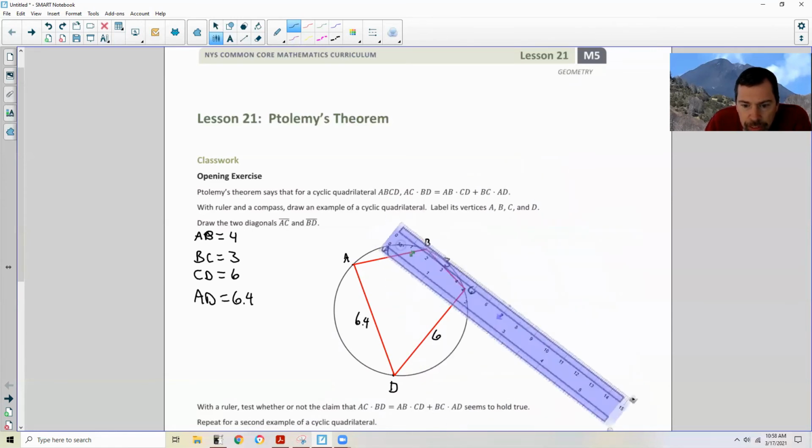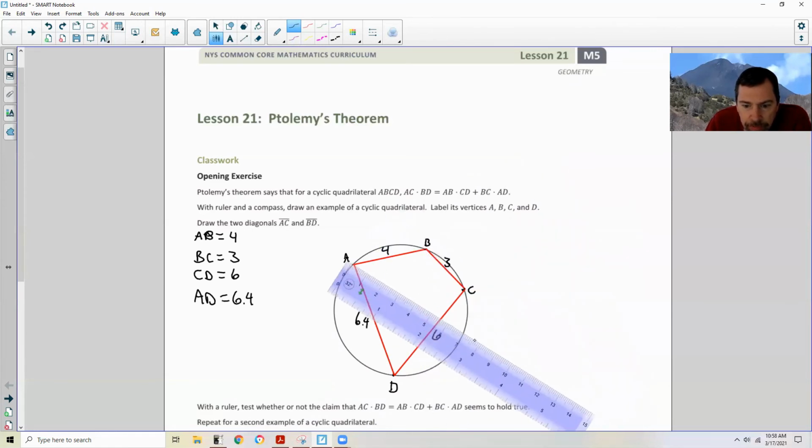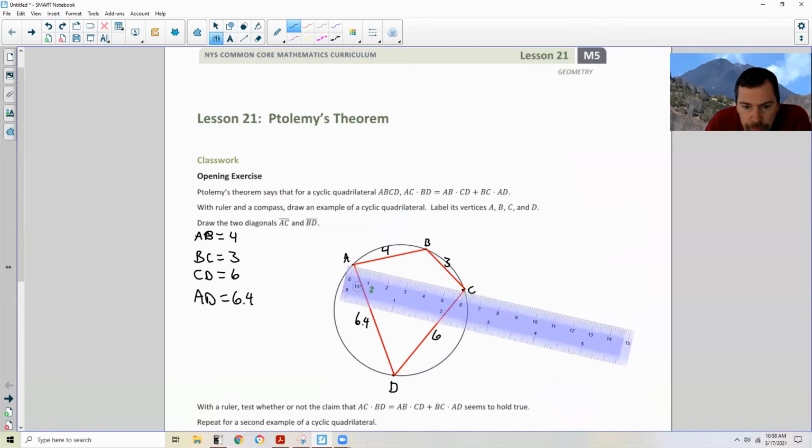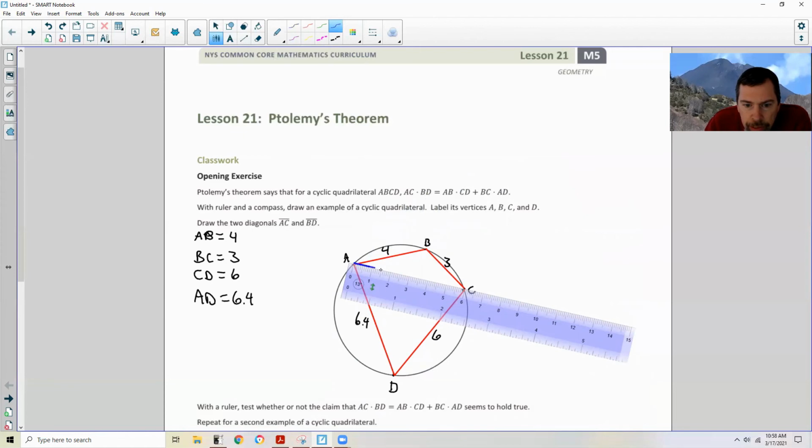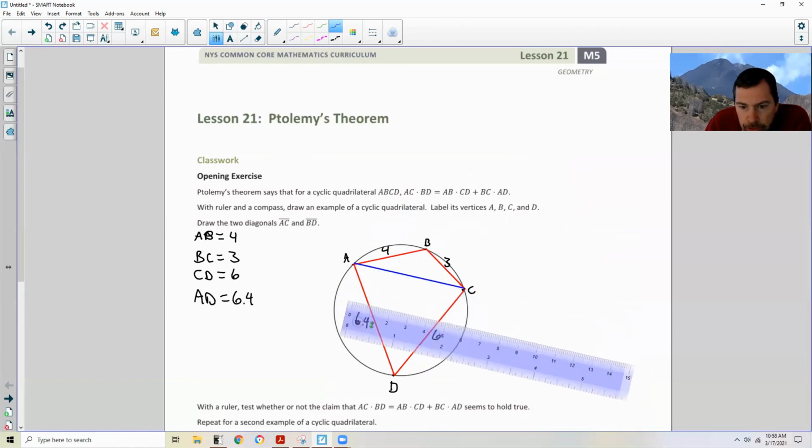Now I need to connect A to C. Okay, so A to C, and that looks like a distance of 6.